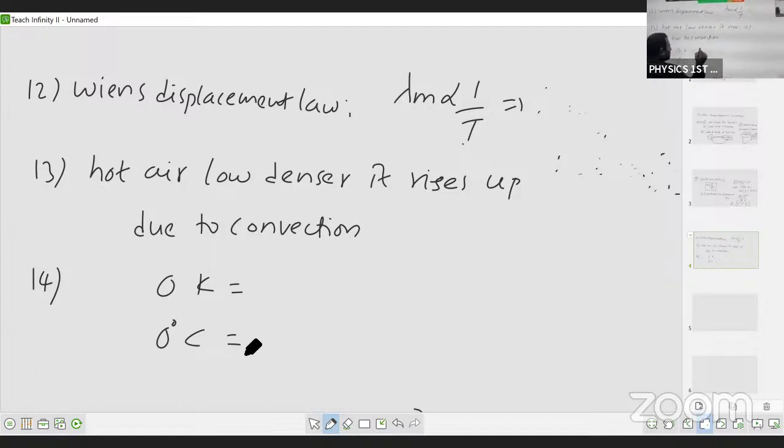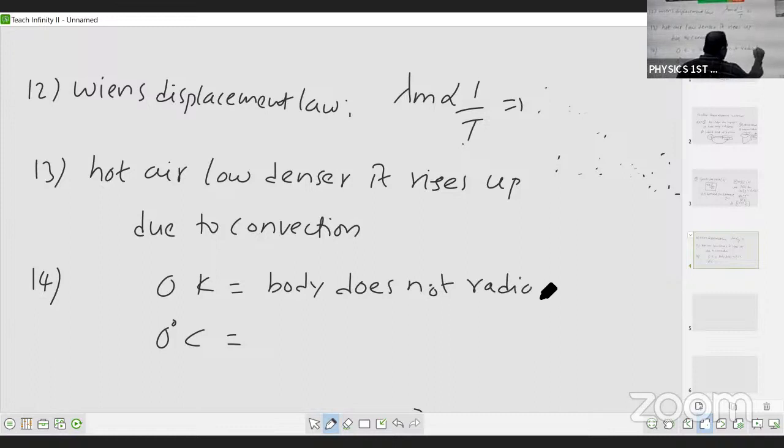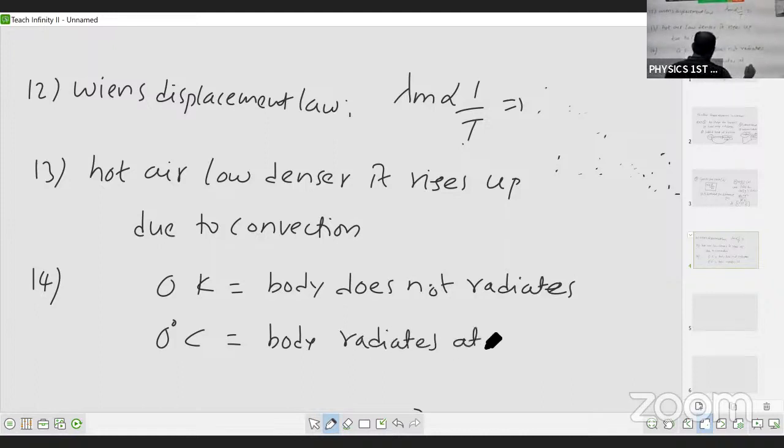At 0 Kelvin, the body does not radiate. I will give the explanation of what this means. The body radiates at 0 degree Celsius.